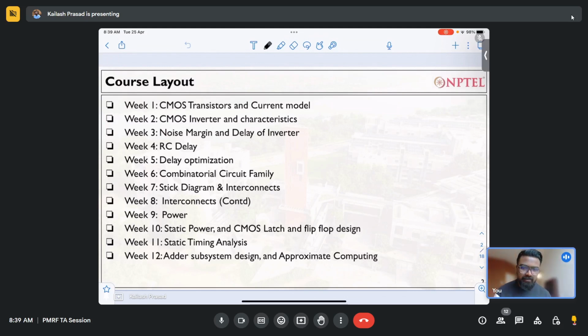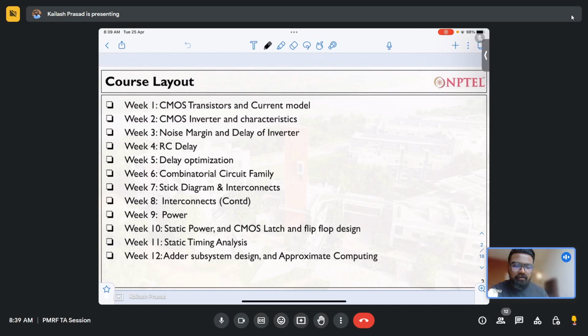We understood the delay. We understood the power, and then we started with more complex circuits for finding out their performance. For that, we realized that you cannot directly do the delay analysis of the circuit, so you need to have some model. So we understood the Elmore delay model.